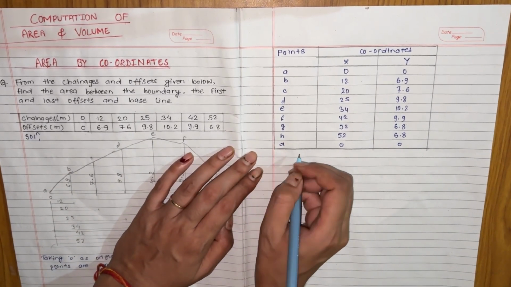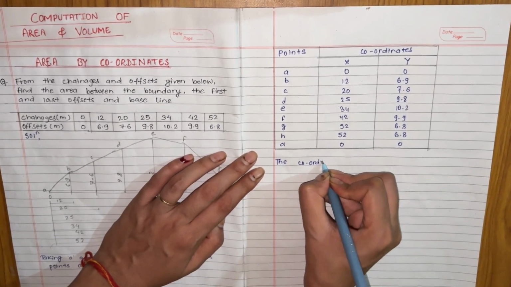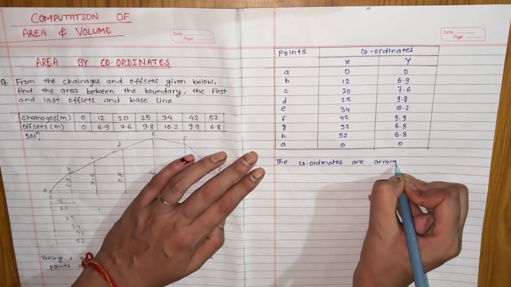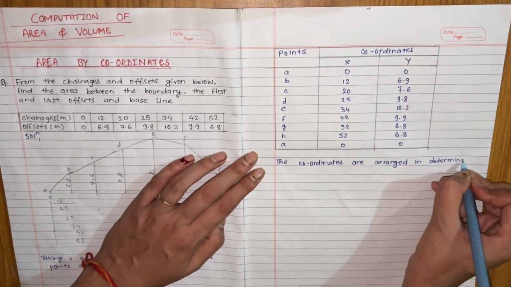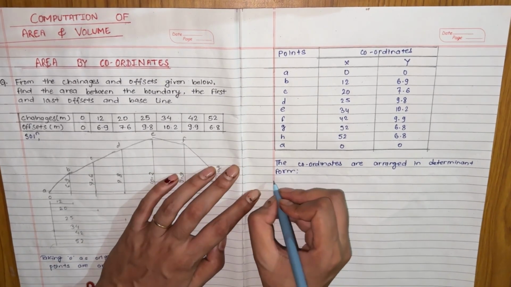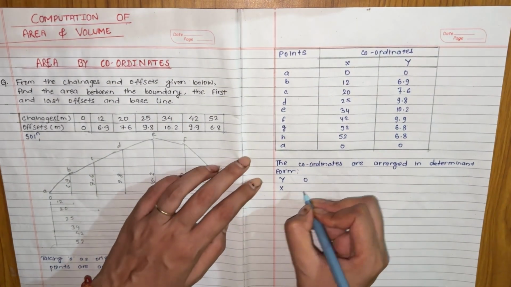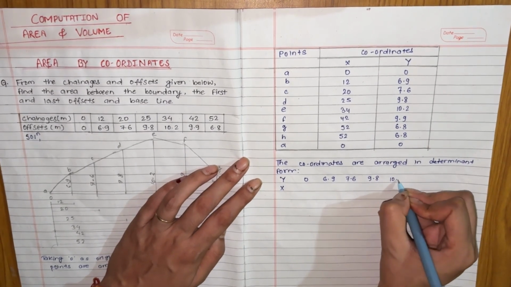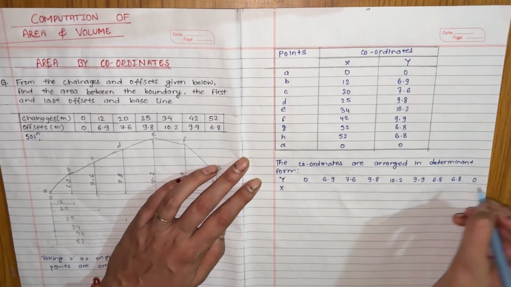Now the given ordinates are arranged in determinant form, that is y and x. Here at y we have 0, 6.9, 7.6, 9.8, 10.2, 9.9, 6.8, 6.8 and 0.